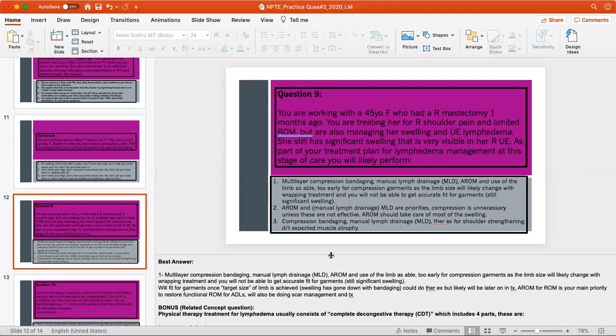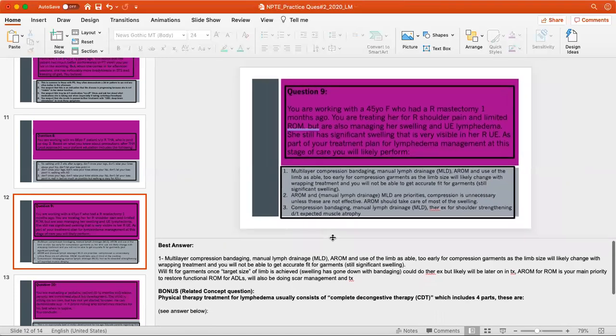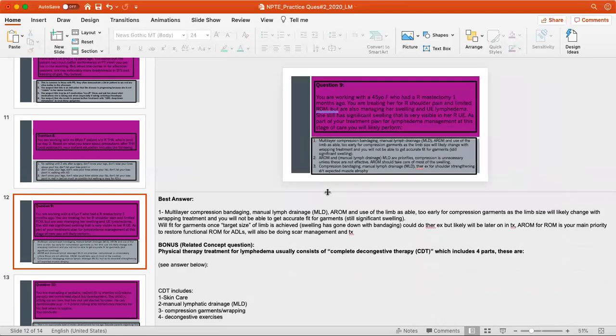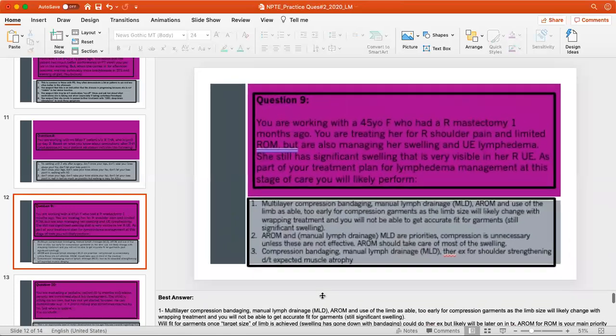Okay, that's fine. I probably will once I see them, but I can't think of it off the top of my head. Part of why I put it is just as a prompt, to become more familiar with these again. So these are going to be skincare, the MLD or the lymphatic drainage, the light lymph massage, compression garments or wrapping, depending on what's appropriate at that stage, and then decongestive exercises. So those are different parts of CDT that are likely indicated for these patients.